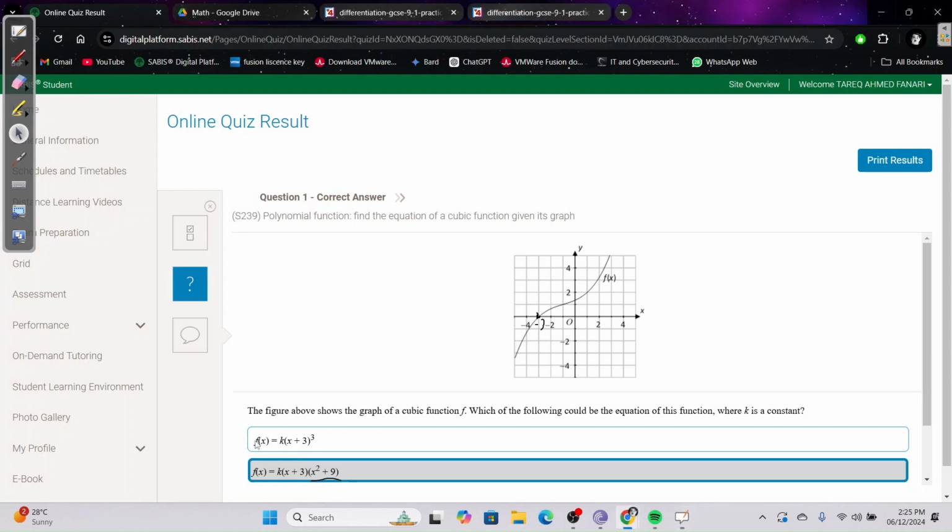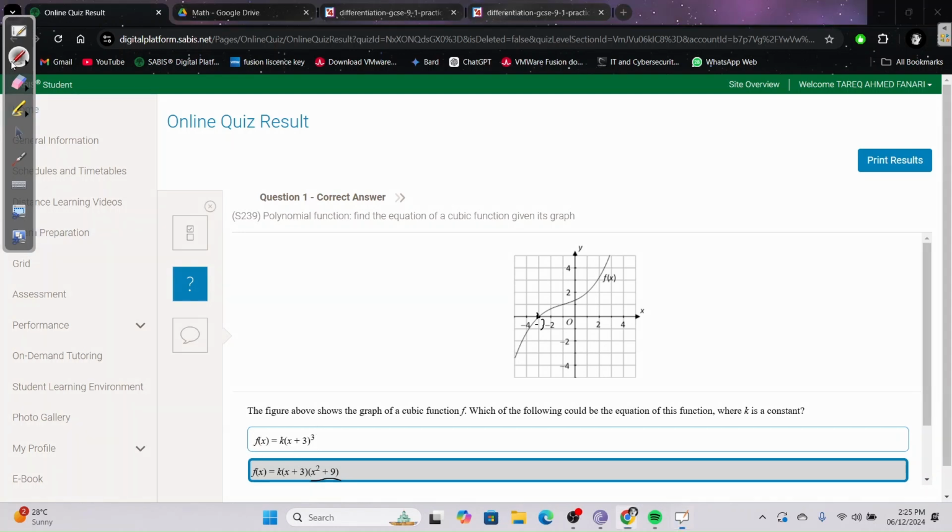We start with the first one, f of x equals k into (x plus 3) cubed. What this means is k into (x plus 3), (x plus 3), (x plus 3).